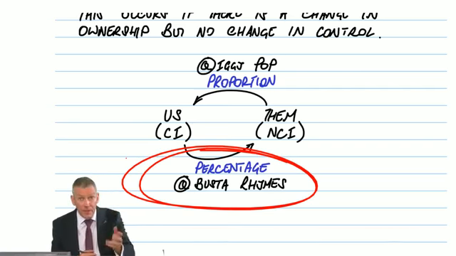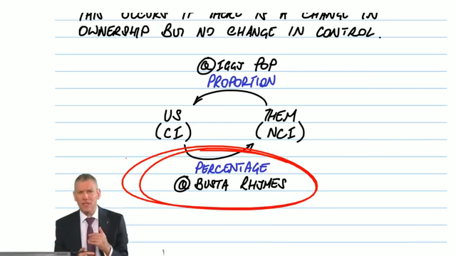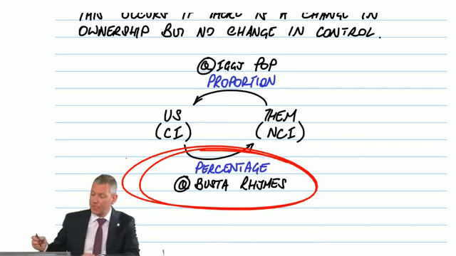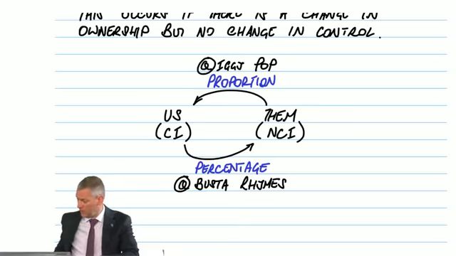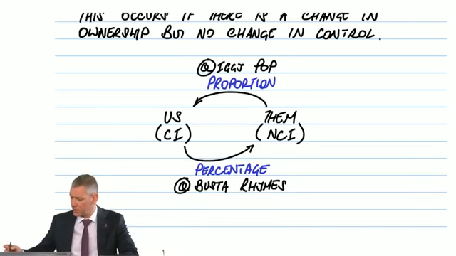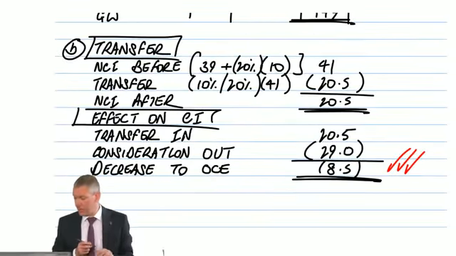Buster Rhymes is easier, but actually it's far less frequently examined, which makes it much harder to remember. It's usually Iggy Pop that comes up, and Buster Rhymes definitely does come up, but just not nearly as often. So let me show you how this works.